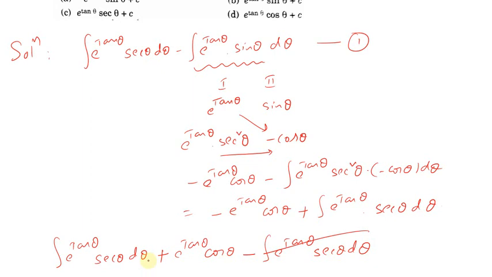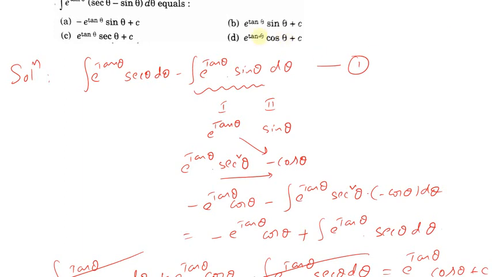So I think this one gets cancelled, and finally you got e power tan theta into cos theta plus c. So this is the solution for the first question. So your option will be e power tan theta into cos theta plus c.